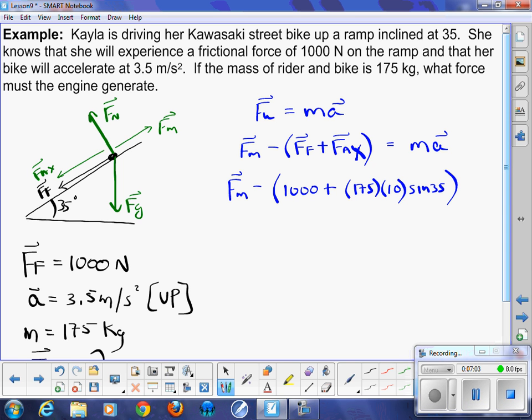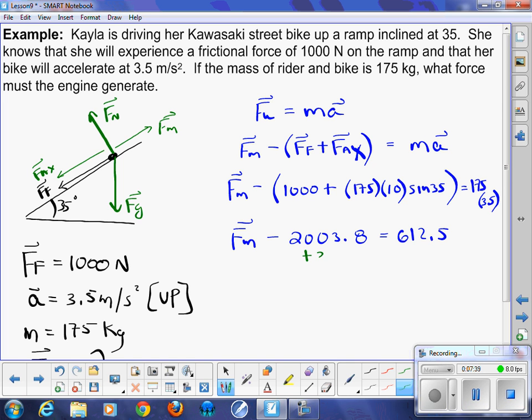And that's equal to mass times acceleration. So again, it's the 175, and we know that she can accelerate at 3.5. So doing a little bit of calculations here, we find that we get 2003.8, which is equal to the 175 times 3.5, which gives us 612.5.